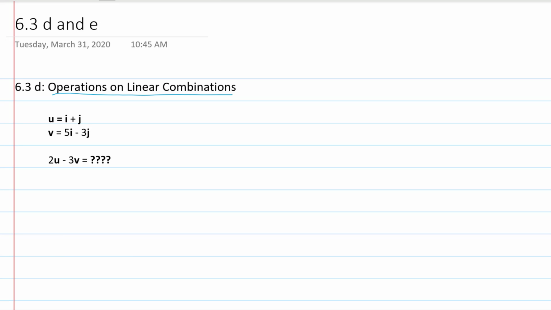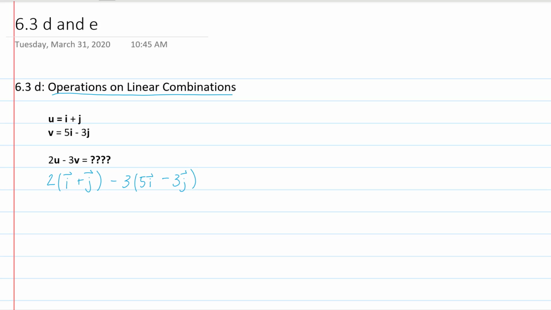You are just going to substitute your u vector and your v vector into your expression. So I replaced u with i plus j, and I replaced v with 5i minus 3j.